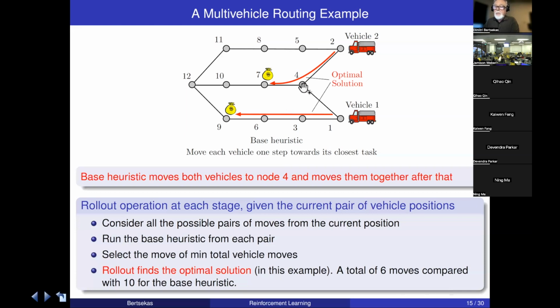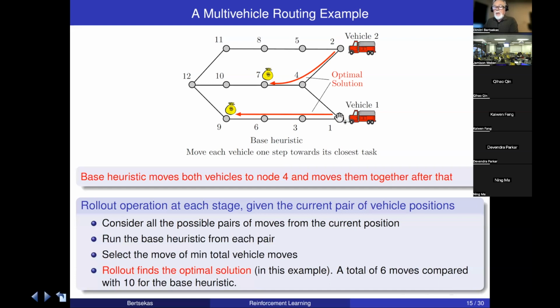So as compared to this pair, if we choose 1 to 4 and 2 also to point 4, what's the value of the base heuristic? Because if it only calculates the distance from the final position to the nearest reward, then it should still give a lesser value for the wrong option, right? So I couldn't understand what cost the base heuristic is giving.